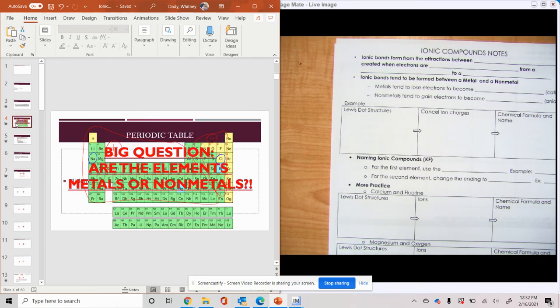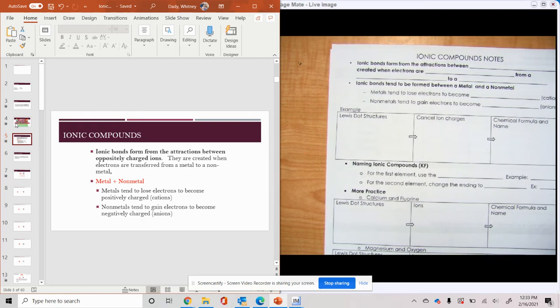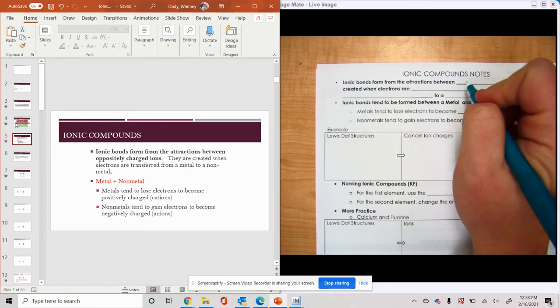All right, let's go to the next one. And so the big question, are the elements metals or nonmetals? Anytime you determine what kind of bond is happening, you need to look first to see if they're metals or nonmetals. So it's really important for you to understand where the metals are, where the nonmetals are, as well as the oxidation number. All right, so let's look at our notes. Ionic bonds form from the attraction between oppositely charged ions.